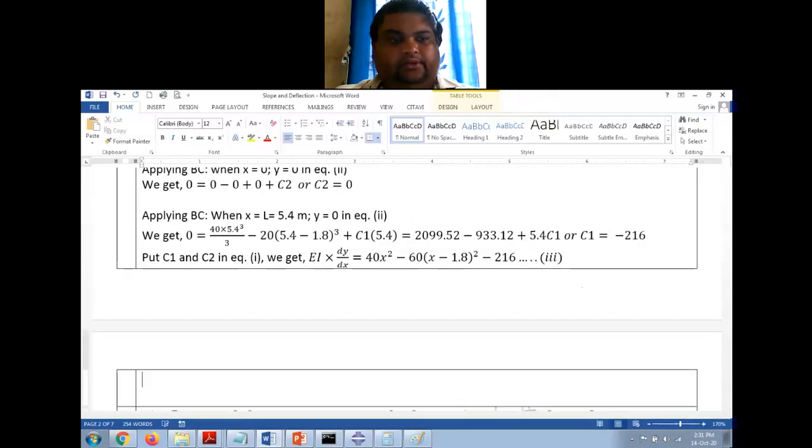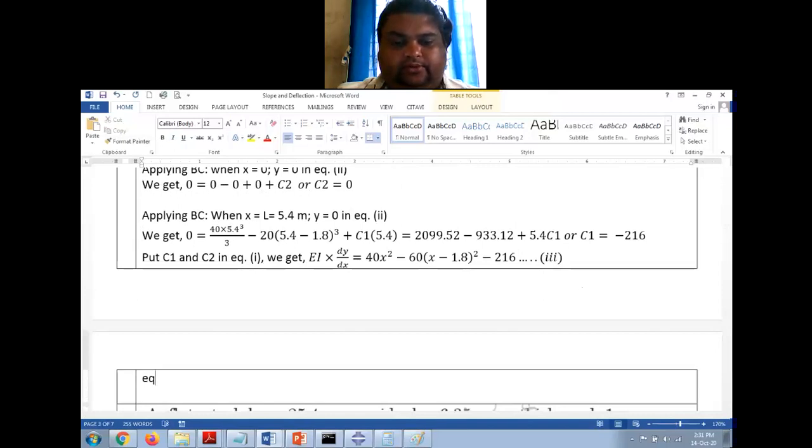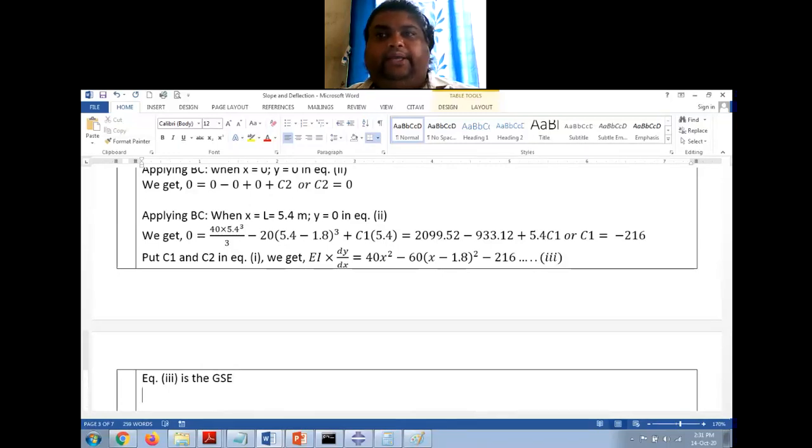Equation 3 is the general slope equation. I'm just abbreviating this to save time. So you can find the slope at any point on the beam using this equation.